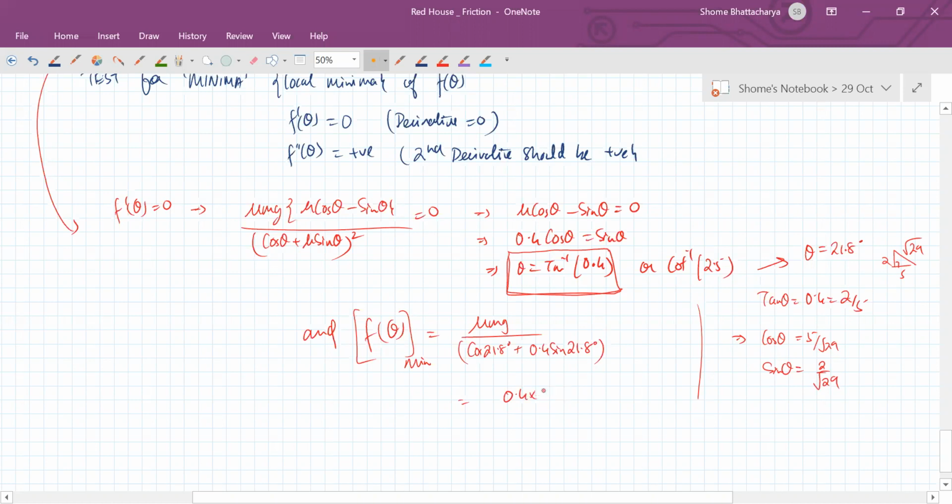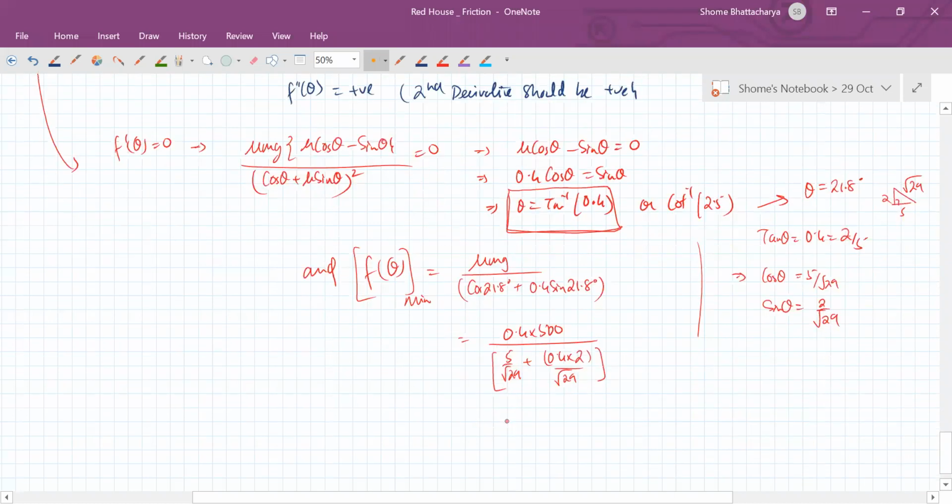So this will become 0.4 into 500, mu mg divided by this thing. So this thing is 5 by root 29 plus 0.4 into 2 by root 29. This is 200 into square root of 29 divided by 5.8.